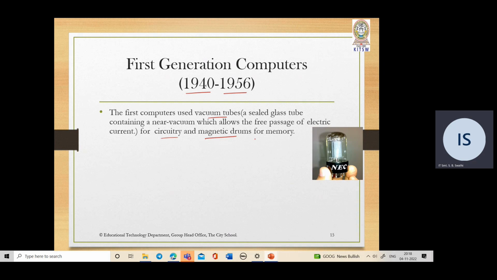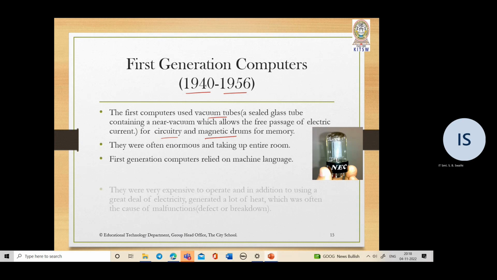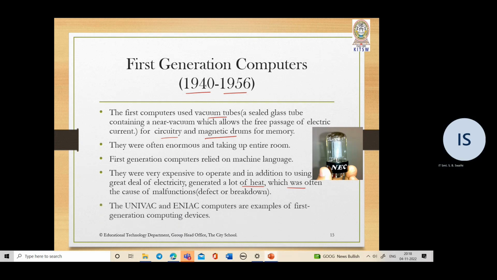So this is a picture of the particular vacuum tube. But the thing is, they generated a lot of heat whenever computers were used. And examples of these devices are UNIVAC and ENIAC computers for the first generation computing devices.